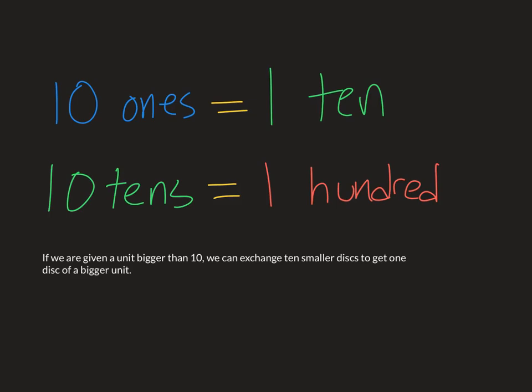So for example, we can change 10 ones discs for one 10 disc. We can change 10 tens discs for one 100 disc.